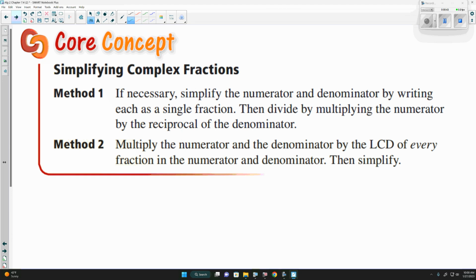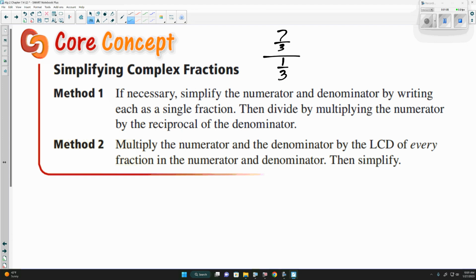Now, what we're looking at today is complex fractions. We consider them to be complex fractions because we're going to have fractions in the numerator and denominator of the rational expression. So we're going to have fractions in fractions, which you covered in Algebra 1. We can't have 7/3 over 1/3.